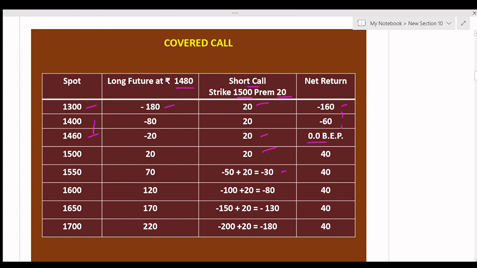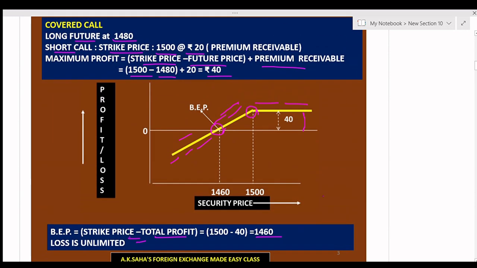And if it moves upward from this break-even point, then at the strike price the profit will be 40, and if it moves further upward, the profit will remain the same. Here it is 40. So you see, if you start from the lower point, 1300, the loss will be higher.